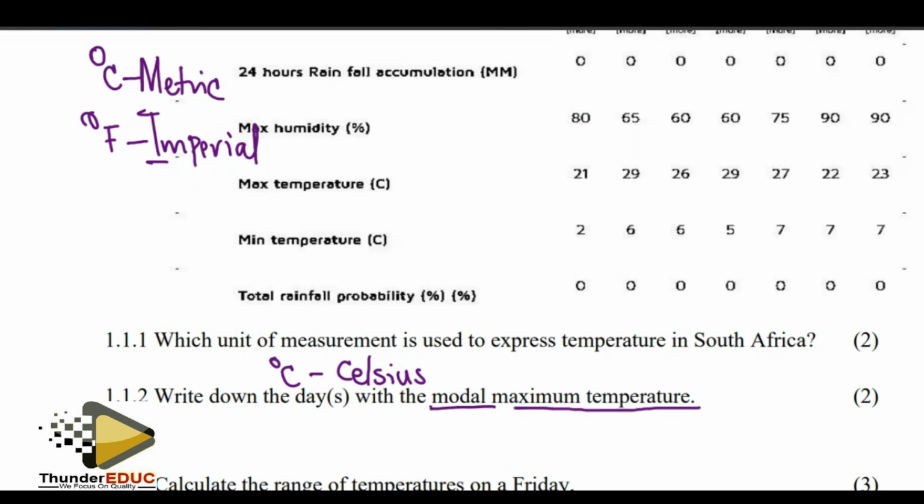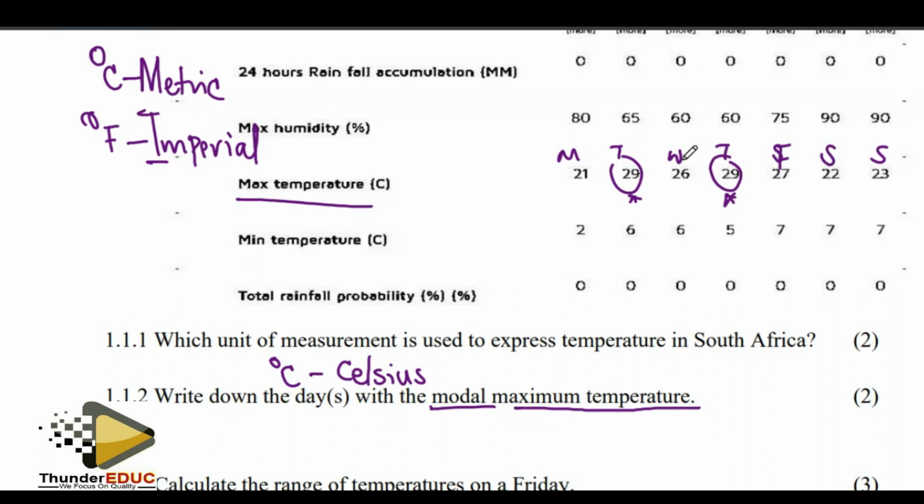Write down the days with the modal maximum temperature. Mode is the number that appears most. So this is the maximum temperature. When you look at 21, 29, 26, 29, 29 has appeared twice. So it's the mode, then 27, 22, 20. So which days are these? If this was Monday, then you have Tuesday, Wednesday, Thursday, Friday, Saturday, and Sunday.